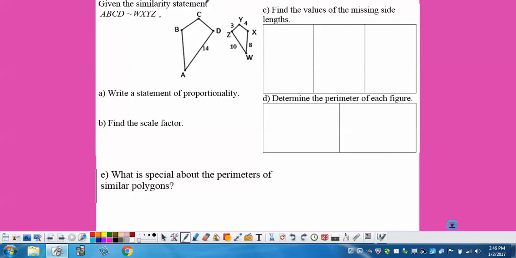So next, given the similarity statement that ABCD is similar to WXYZ, write a statement of proportionality. So we want to know all the parts that are proportional.